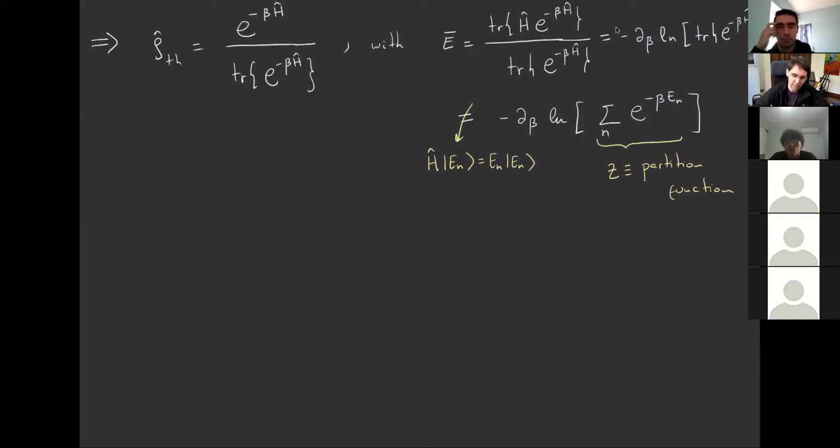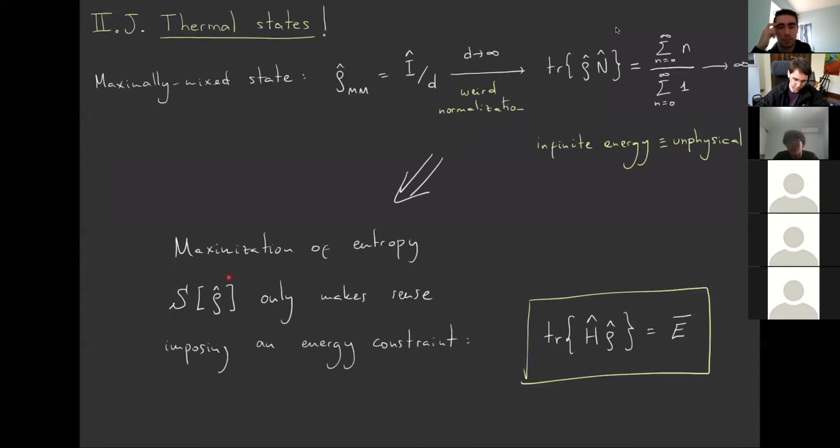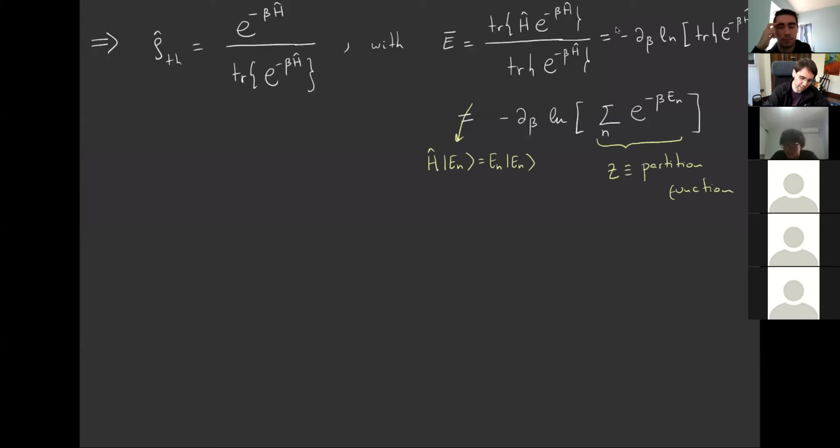So essentially what I am trying to say here is that if we try to maximize the entropy with an energy constraint, then what we get is this state here, the exponential of minus beta H divided by this trace, which is a partition function, where this parameter beta is found from the energy constraint just by solving this expression here.